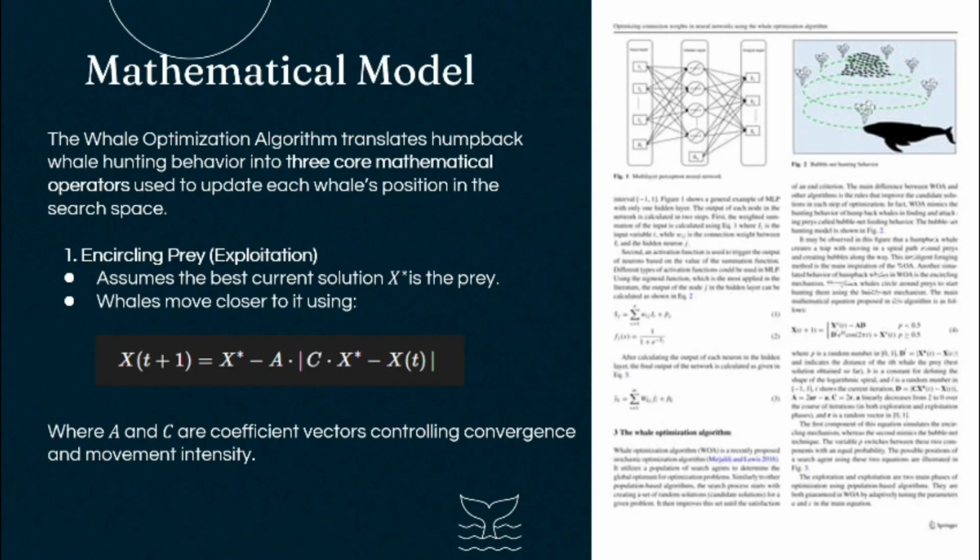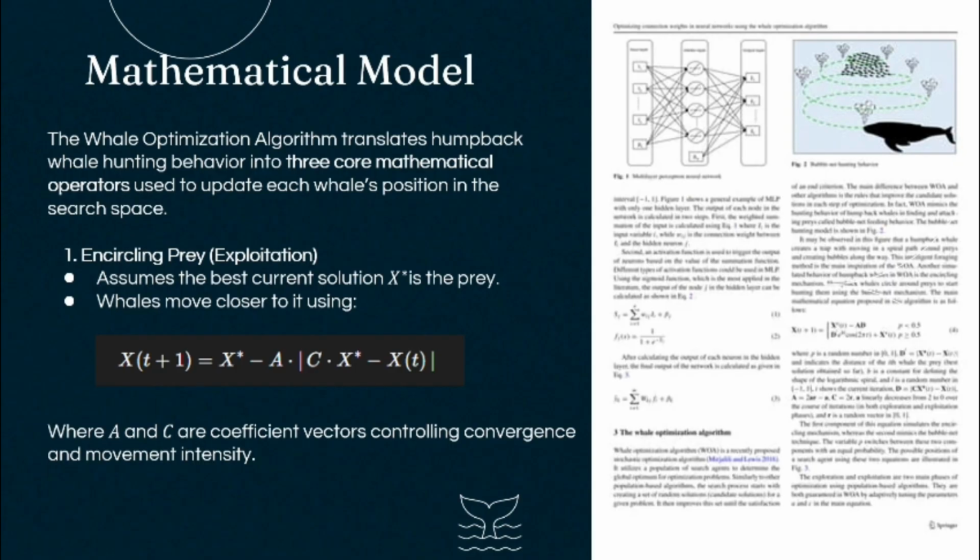This is modeled using the formula X(t+1) = X* - A·D, where D = |C·X* - X(t)| is the distance between a whale and the prey, X* is the best solution found so far, and A and C are the coefficient vectors that control movement intensity.